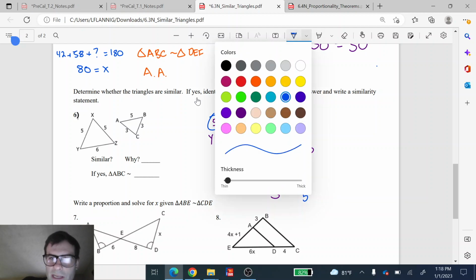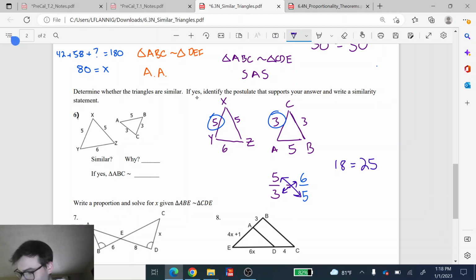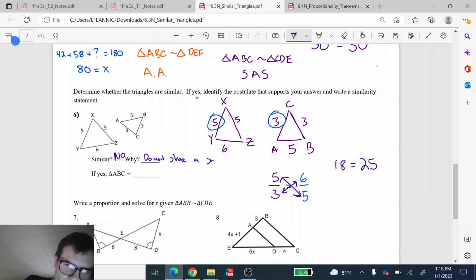We can do cross multiplication to see. 6 times 3 ends up being 18, and 5 times 5 ends up being 25. And from what I can tell, those aren't the same. So they are not similar, no. And why are they not similar? They do not share a scale factor.